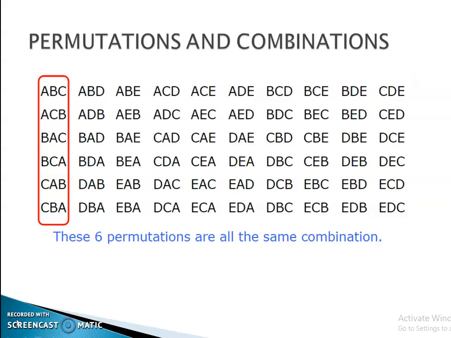When different orderings of the same items are counted separately, we have a permutation problem. But when different orderings of the same items are not counted separately, we have a combination problem.